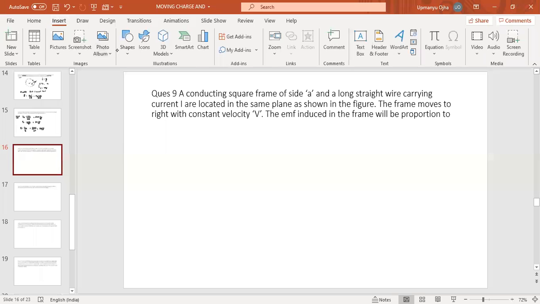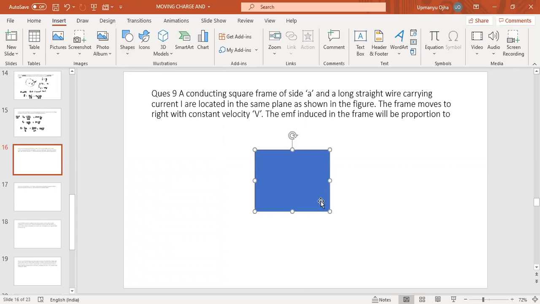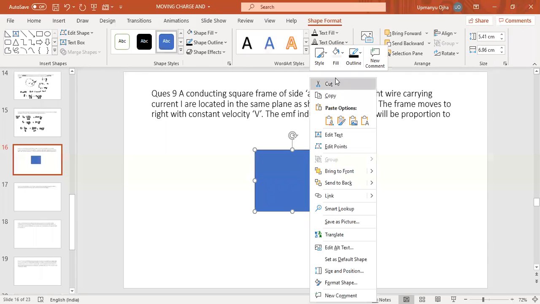Okay, so just wait. Can we draw the figure here? So this is the square loop.